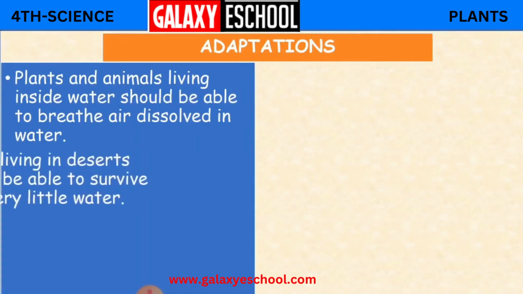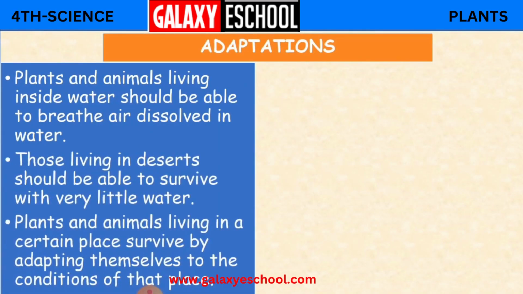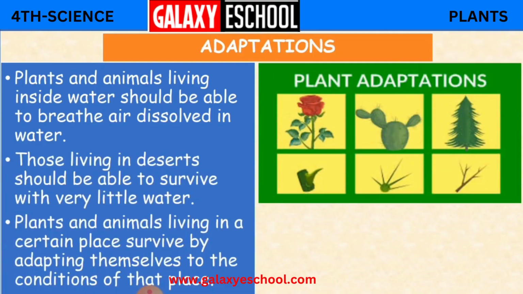Adaptations. Here we are talking about adaptations. Plants and animals living inside water should be able to breathe air dissolved in water. First of all, what is adaptation? Adapt in the sense making ourselves comfortable, to adjust to something. In the sense you're able to live, they are making themselves able to live.